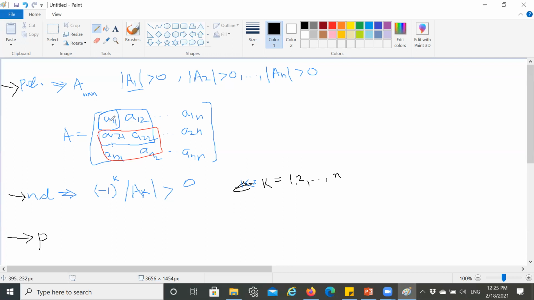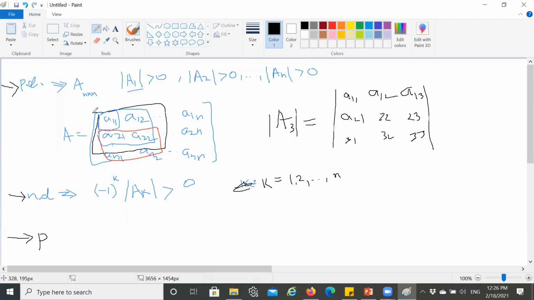So taking the determinant of A3 would be taking the determinant of A11, A12, A13, then A21, A22, A23, A31, A32, and A33. Okay, so you start from the top leftmost and you take the matrix of dimension k by k. Yes, thank you. Good.